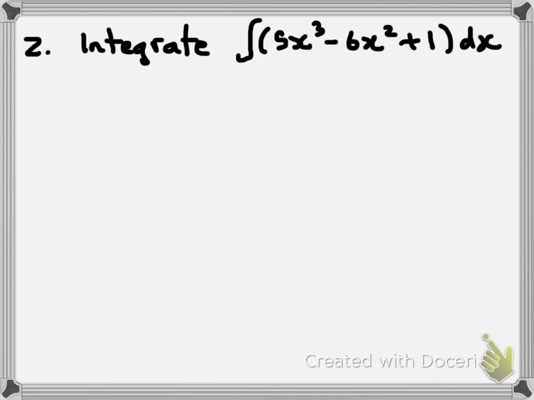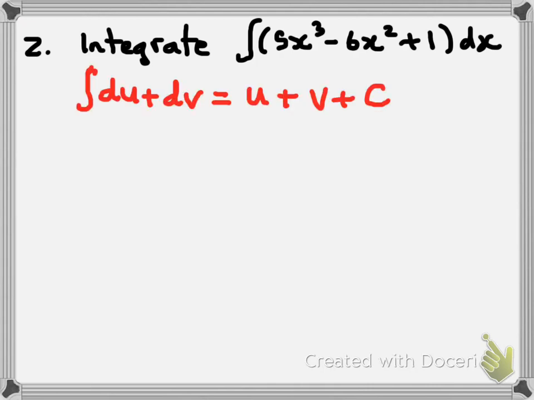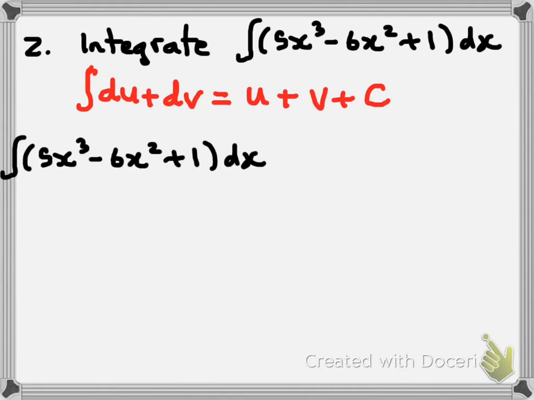The next example, we are integrating 5x cubed minus 6x squared plus 1. And that will proceed as follows. We are going to need to use the sum relationship I showed you earlier on. The formula we're using is this one, together with the power rule, of course.